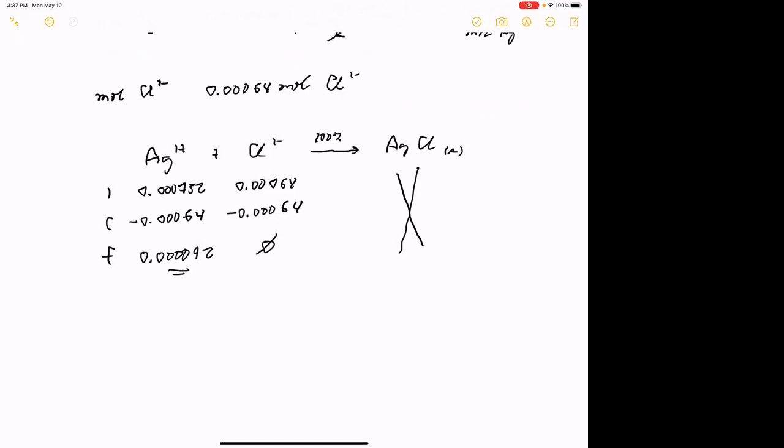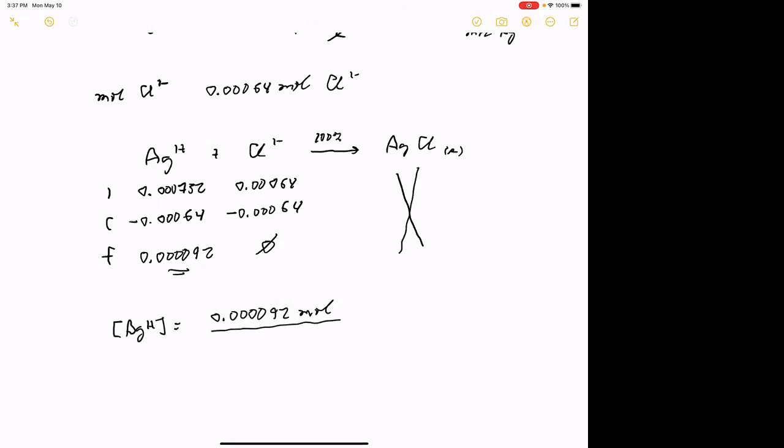Now I need to turn it back into a concentration because that's what goes into my final equation with the Nernst equation inside of it, right? So what do I need to do to calculate the concentration of the silver ion I got left? Well, that's going to be the moles of it divided by the total volume in liters.